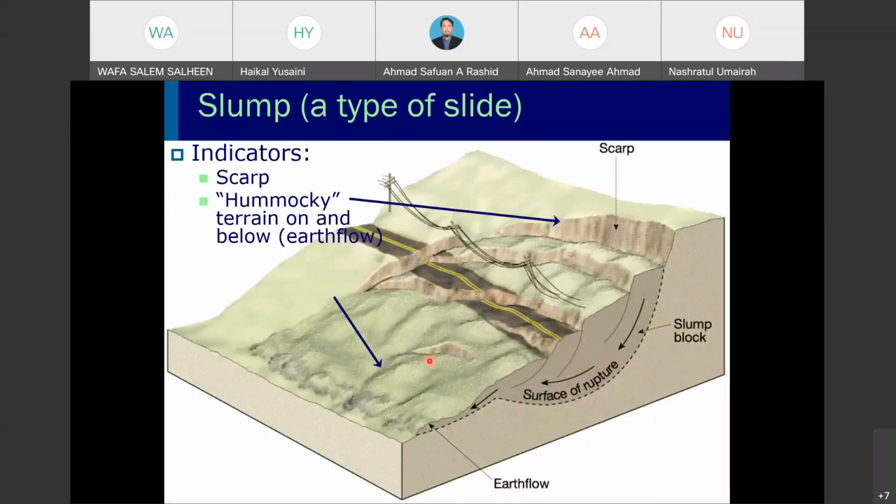So this is an example in a diagram, where a slump type, or slump block, or circular block type of failure. The scarp is the top. Humoki is a type of sandstone material, or sandstone soil.